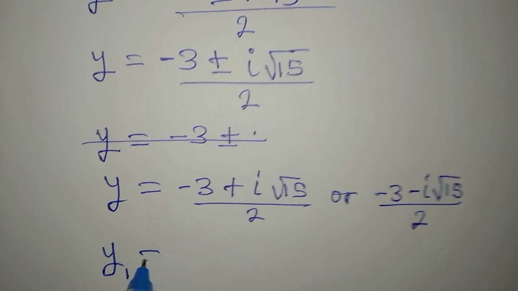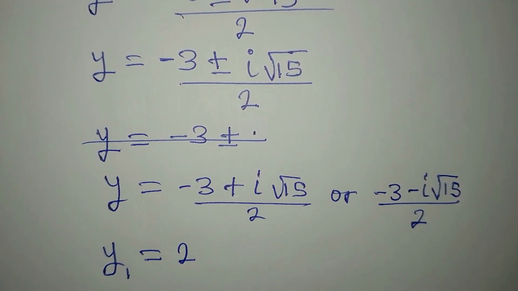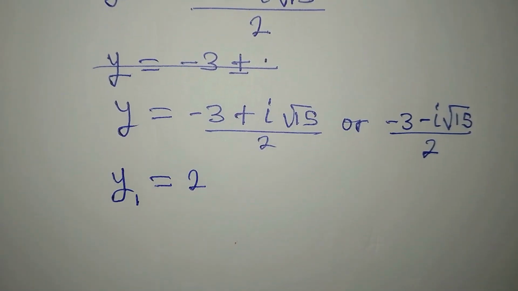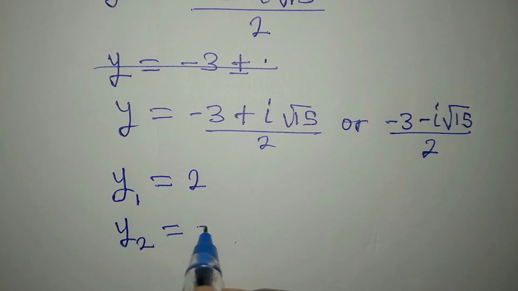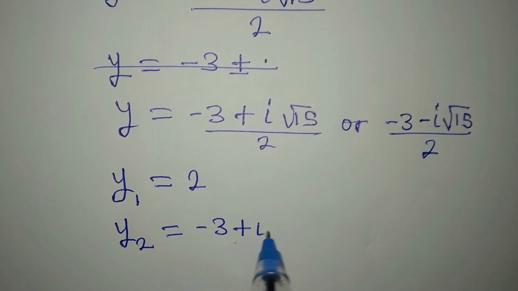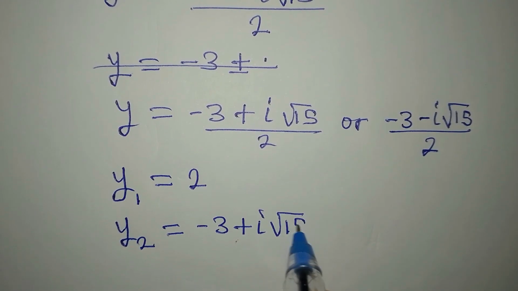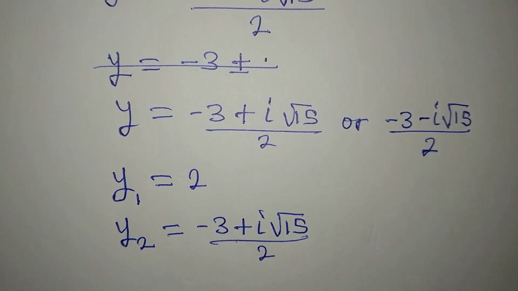But then let's get the three solutions. y1 is equal to 2, and it's the only real solution, like I said before. Then y2 is equal to what we have here, that is minus 3 plus i root 15 divided by 2.